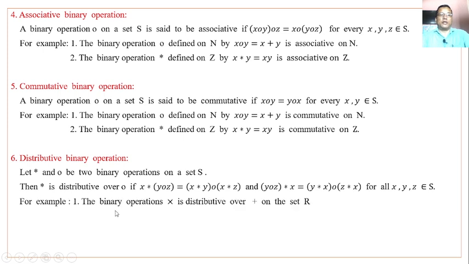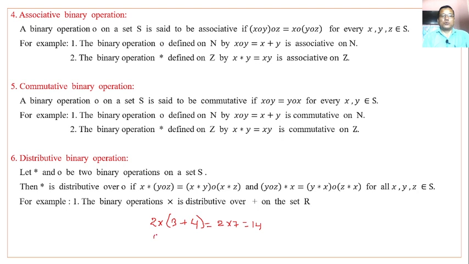For example, the binary operation multiplication is distributive over addition on the set R. Let's see. 2 times of 3 plus 4, whose value is equal to what? 2 into 7, that is 14.